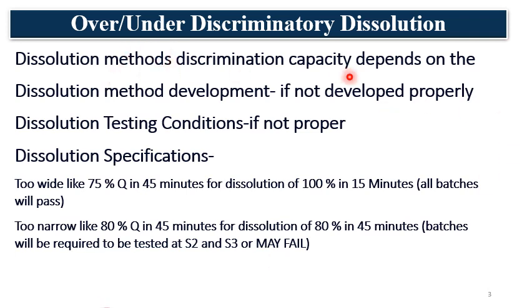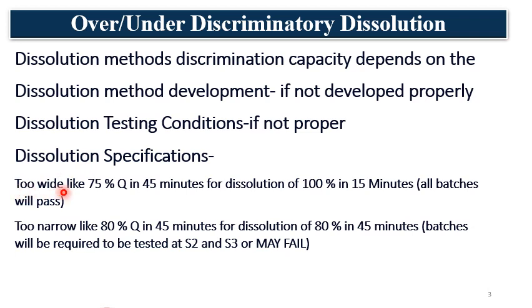Dissolution method discrimination capacity depends on the dissolution method development. If not developed properly, the dissolution testing conditions are not proper and the dissolution specifications will be permissive. In the regulatory language, the dissolution specifications may be permissive, too liberal, or under discriminatory.